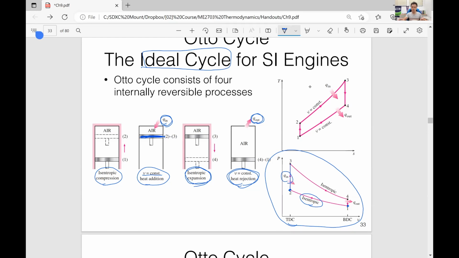So this is a constant volume heat addition. Then 3 to 4 is an expansion, and this expansion is adiabatic, so this expansion is isentropic. Finally, 4 back to 1.